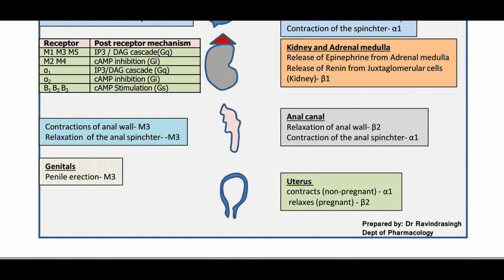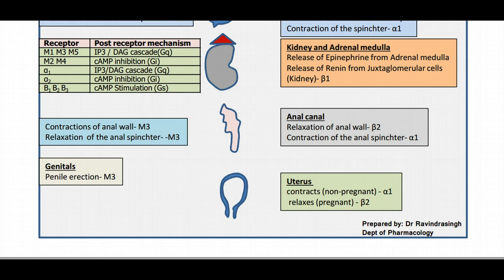So any stimulation of M3 receptors in this area will cause contraction of the anal wall and at the same time it relaxes the anal sphincter, which will lead to the process of defecation, whereas the sympathetic system has exactly the opposite effect, and the effects are mediated via two different receptors. One is beta 2 receptors, which cause relaxation of the anal wall, whereas alpha 1 receptors will cause contraction of the anal sphincter, where it will retain the stools.